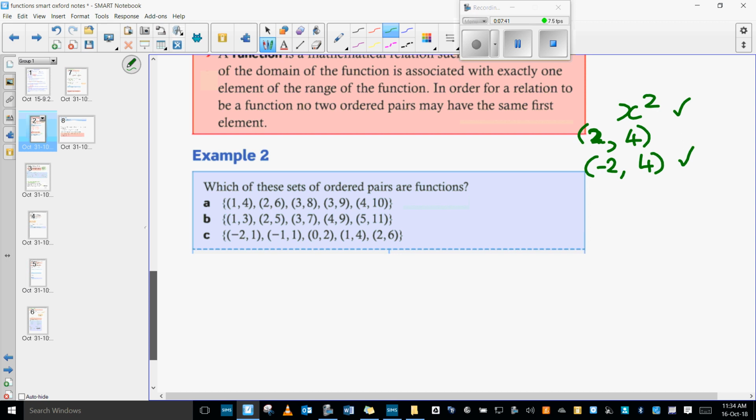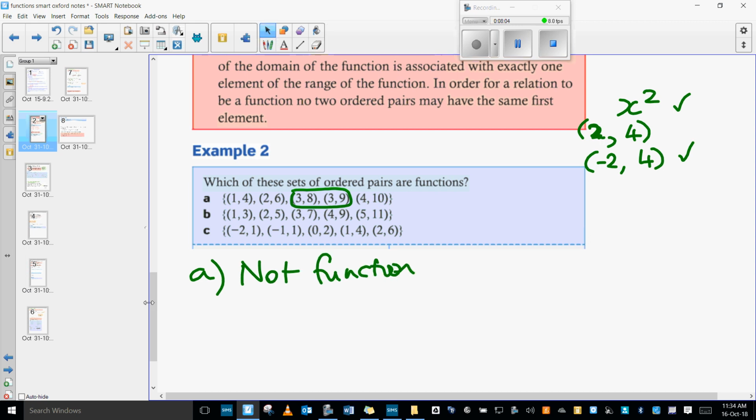Alright, so which of these sets of ordered pairs are functions? Are these all different? Yeah. 3, 1, 9. Okay, well, here we've got an issue. Is that a function? No. We've identified that one with the green.